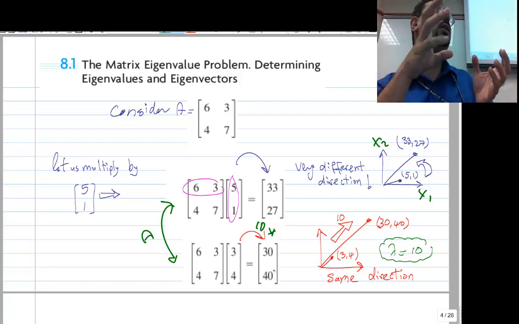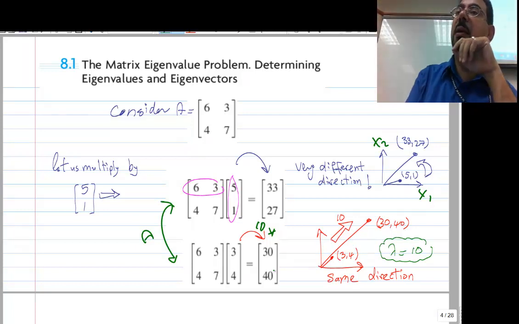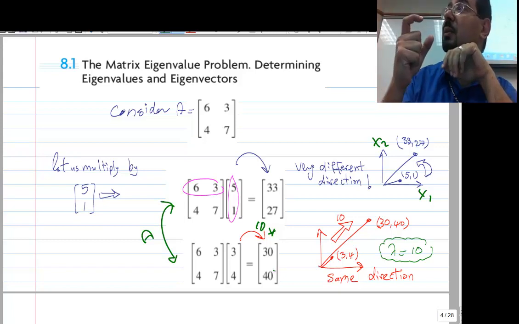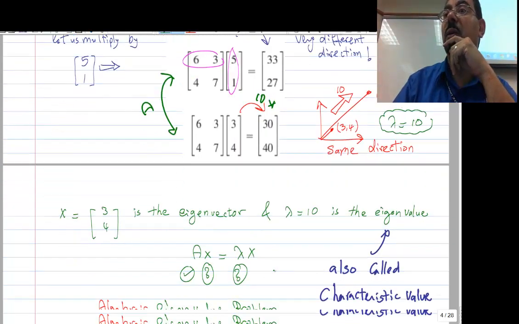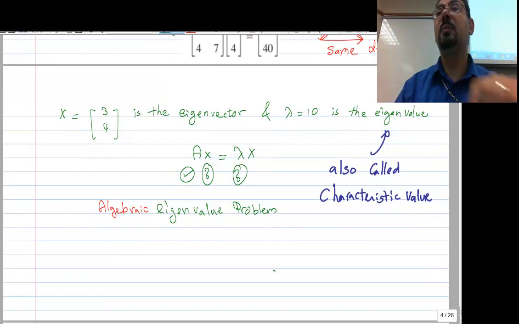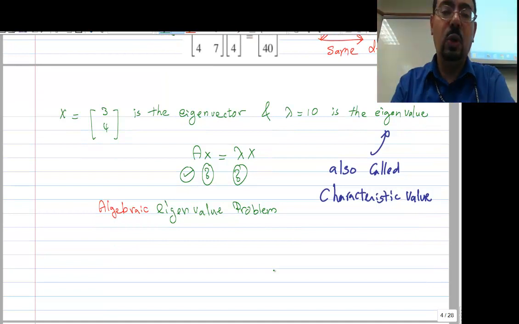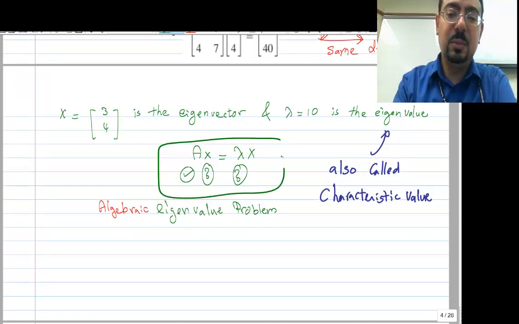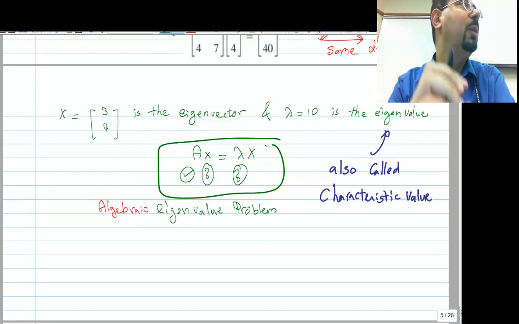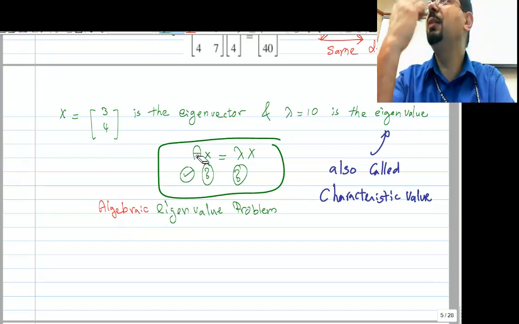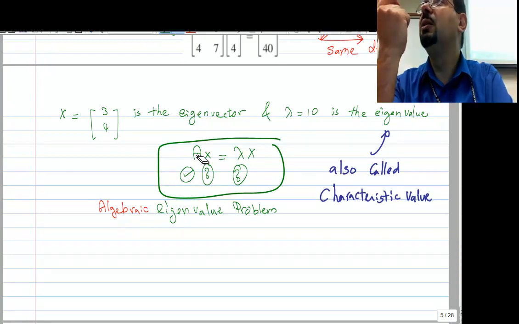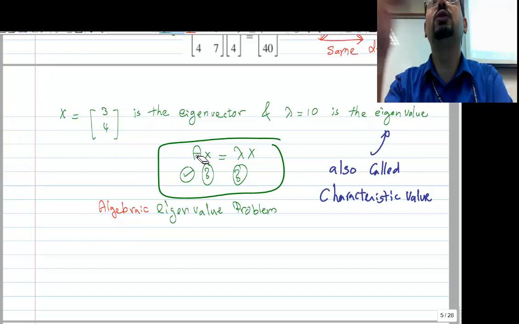Geometrically, that's what happens. So again, this is the eigenvector, and this factor is called the eigenvalue. So in short, this is the problem we are solving: for any matrix A, what is that vector and what is that value that will do that kind of transformation?